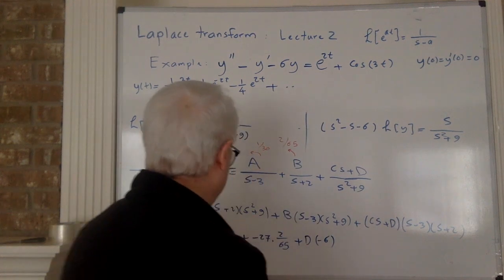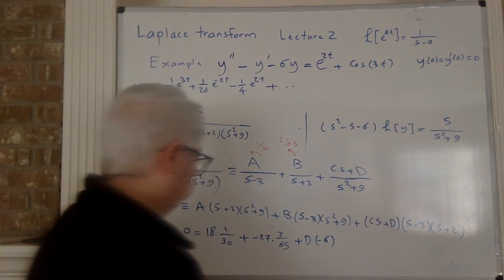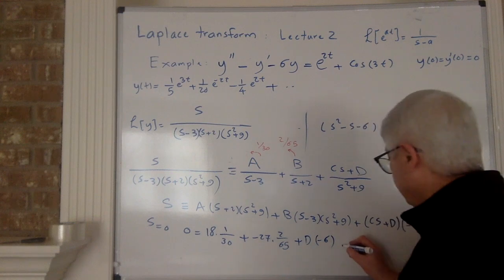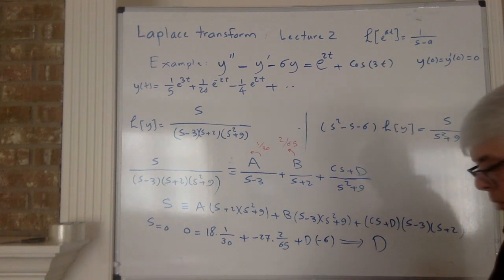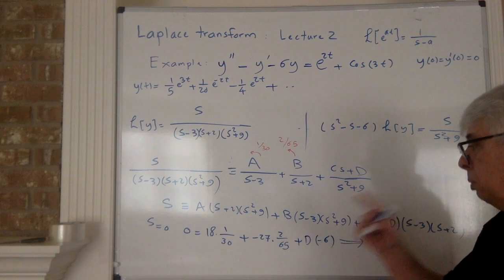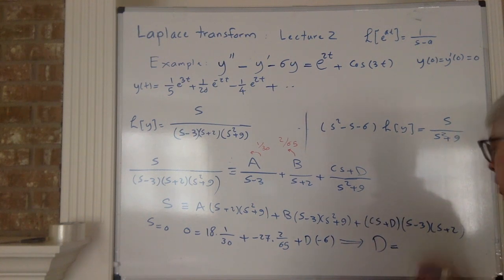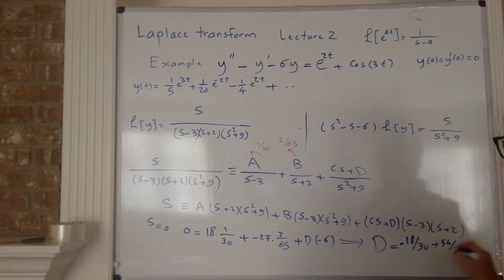Oh my goodness, okay. So that will give me D. I'm not going to waste your time, let's see, maybe I can do it quickly. So that's 18 over 30 minus, so it's minus because it should go to the other side, minus this, plus 27, that's 54 over 65, over minus 6, right?